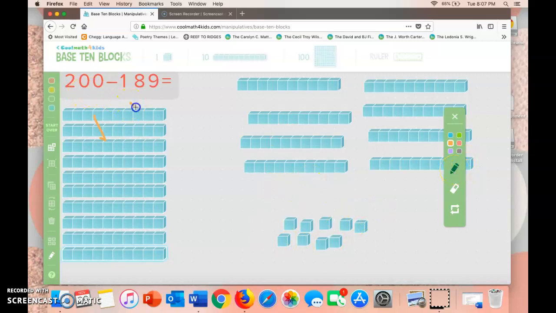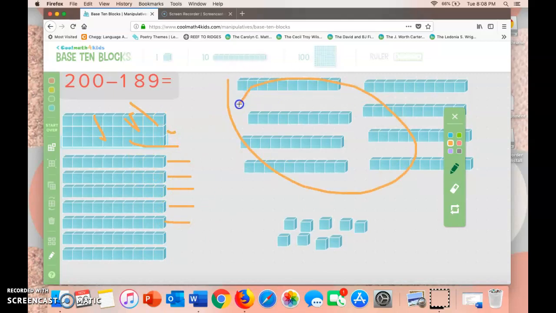So they may mark out 1, 2, 3, 4, 5, 6, 7, 8 tens blocks over here, and they know that they have 8 10 blocks over here.